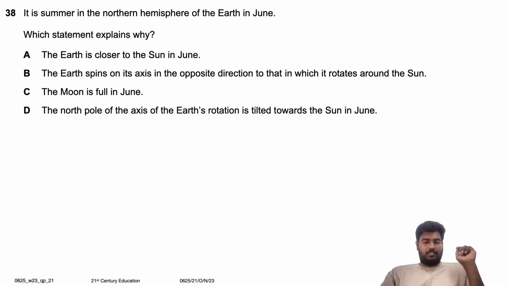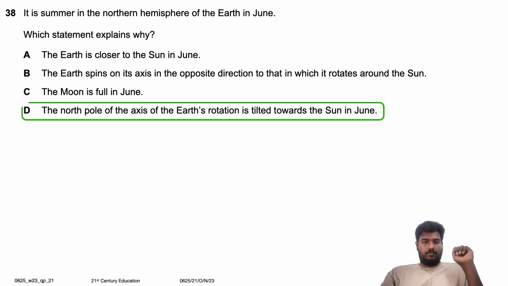So D is the right answer. Earth is closer to the sun in June does not explain why there is winter in the southern hemisphere in June. So the other two options are relevant.